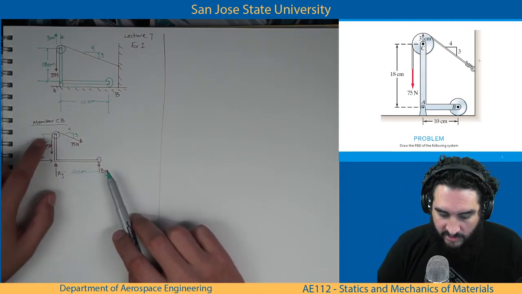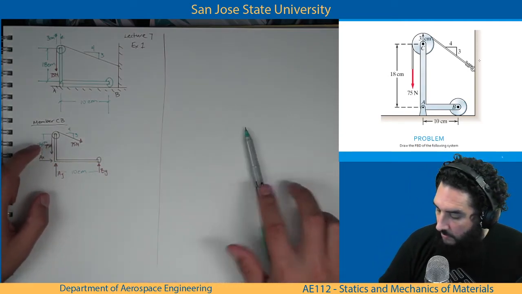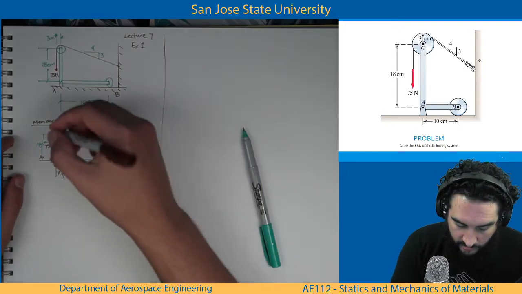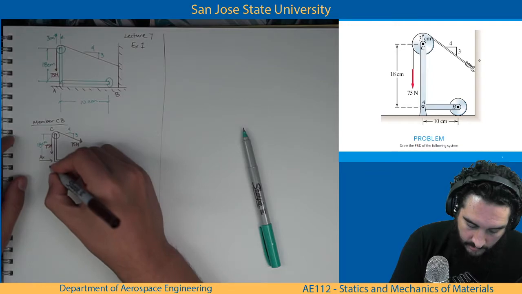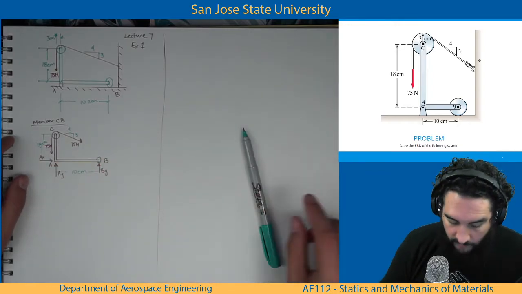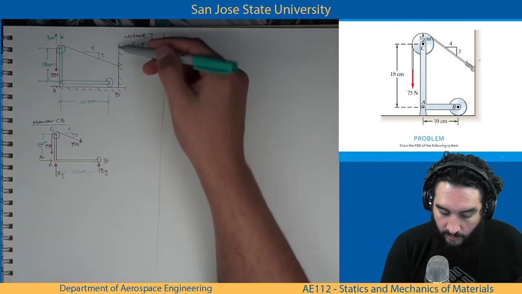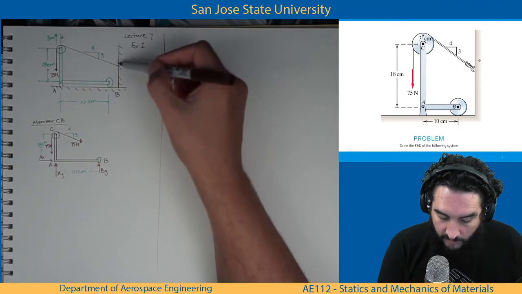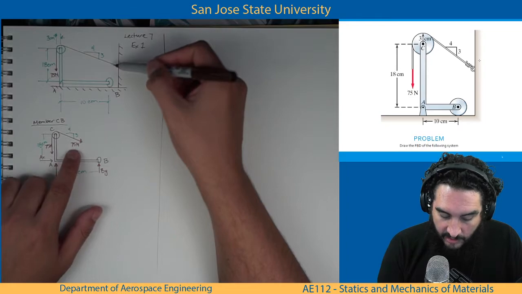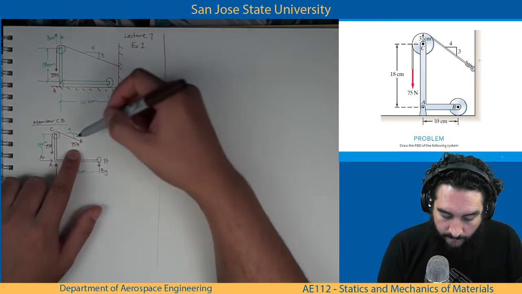So member CB. I should also tag those. Okay, since I cut off the wall on the right-hand side, I made a cut here, which means I have a cut in the tension.